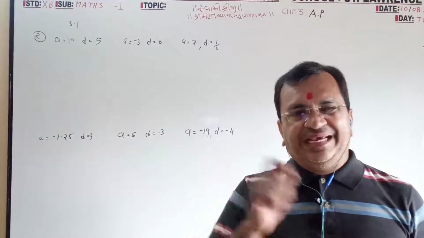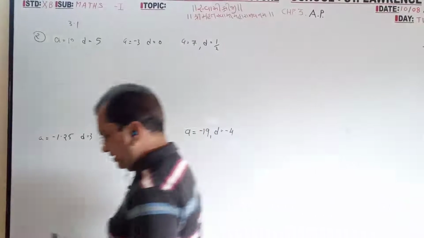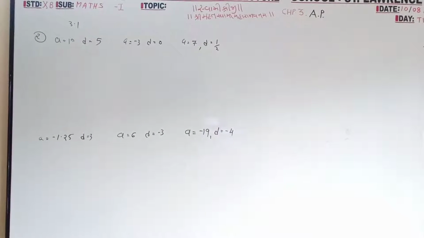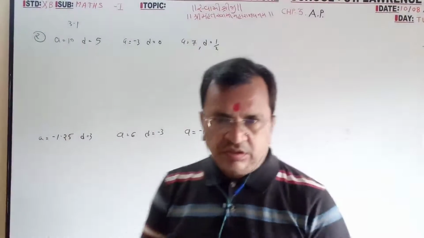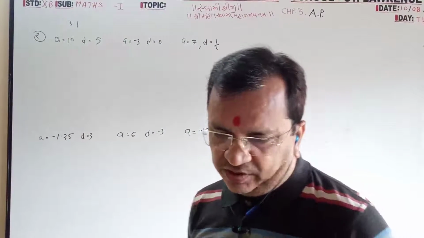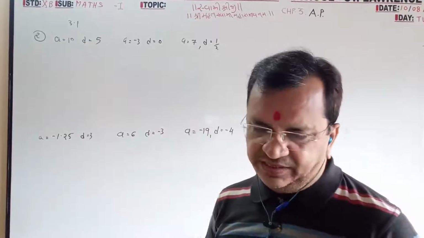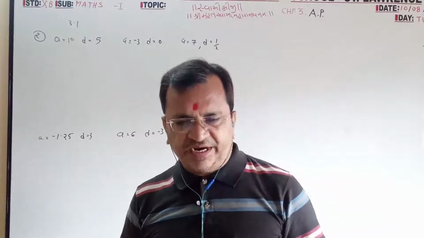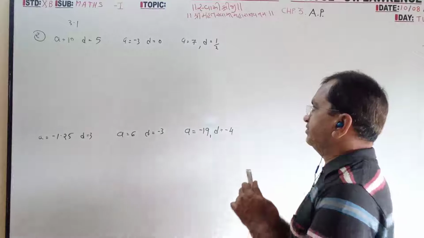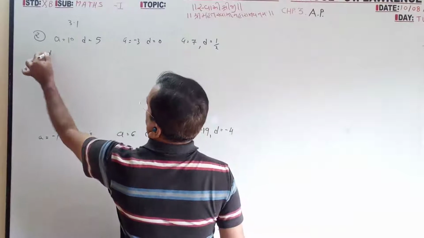Now everywhere A and D are given, meaning the first term and the common difference are given. So how to get the formula? The first term is given and the common difference is given in each of the following; write the AP. So always we have to find out Tn.